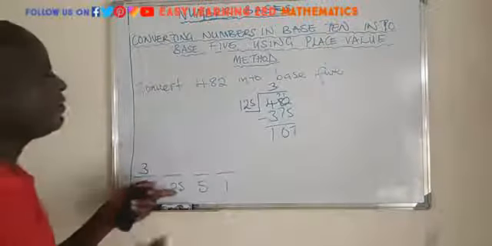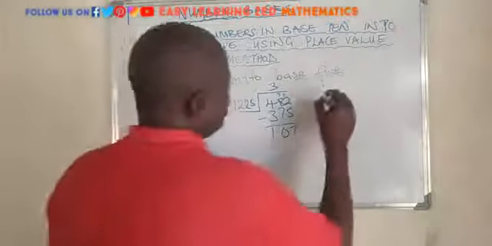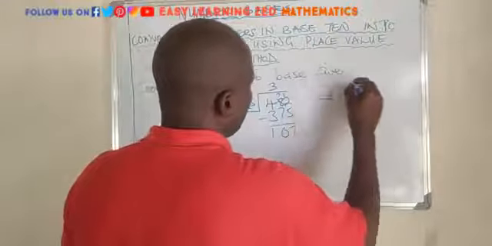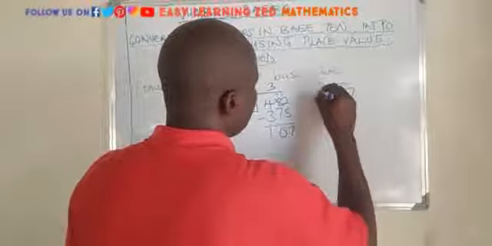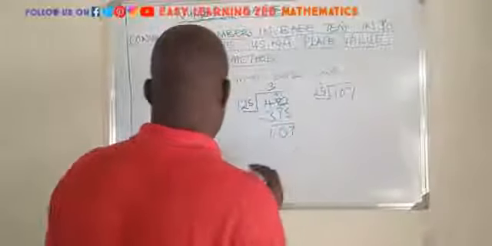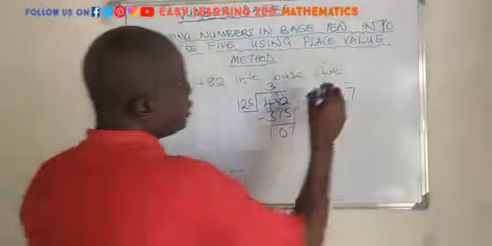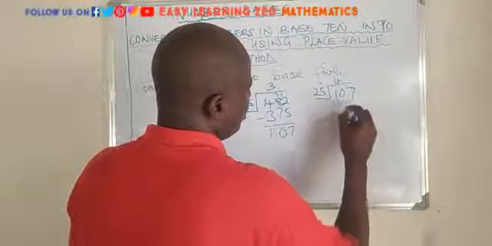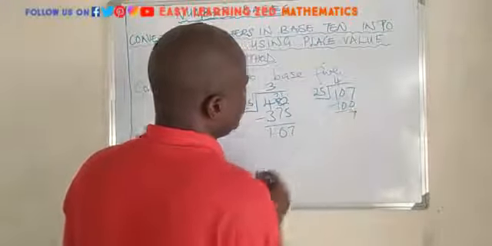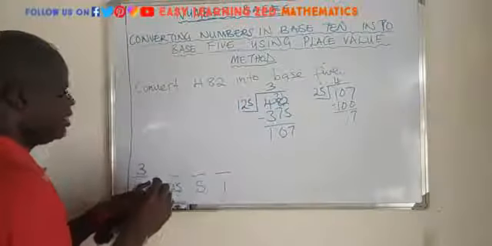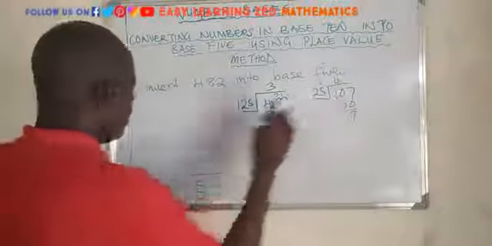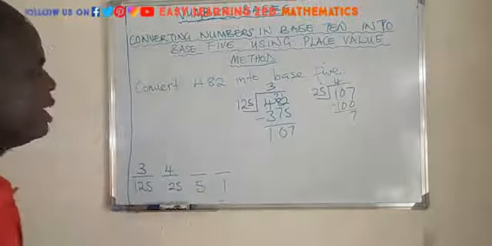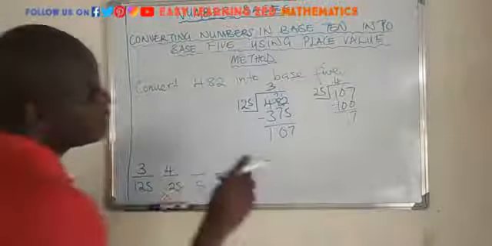So can 25 go into 107? Let's check. 107 divided by 25. How many times can it go? We are saying 4 times, which is 100. Then minus, it is going to be 7. So 25 can go into 107 4 times, remainder 7.